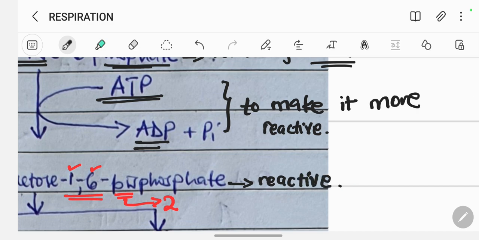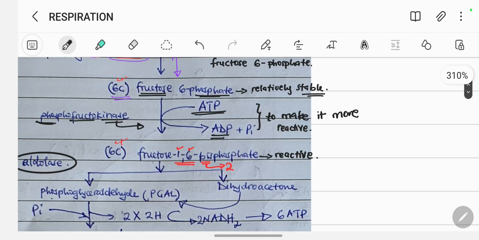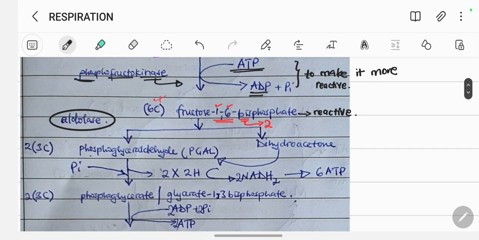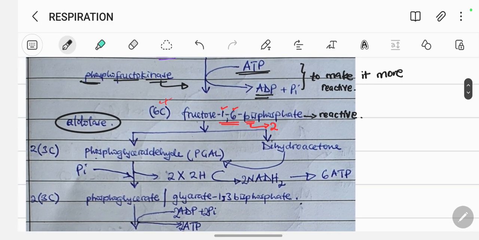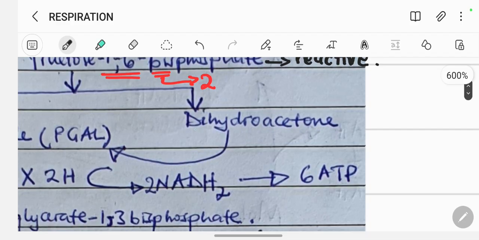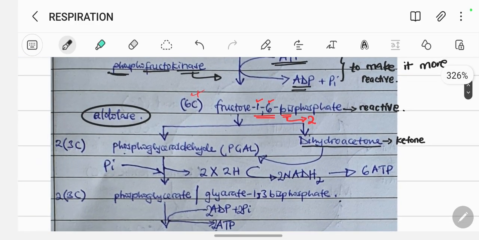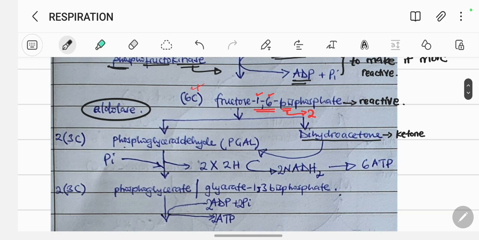And now as it becomes reactive and unstable, it breaks down into two compounds. We have dihydroxyacetone, which is a ketone, and phosphoglyceraldehyde, which is PGAL.